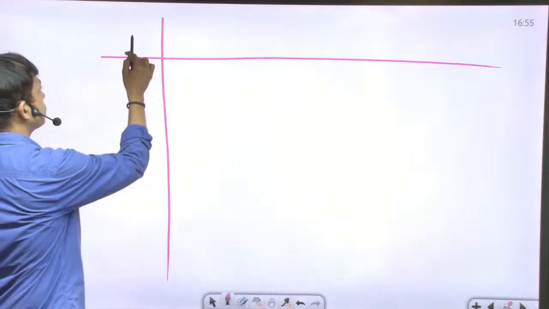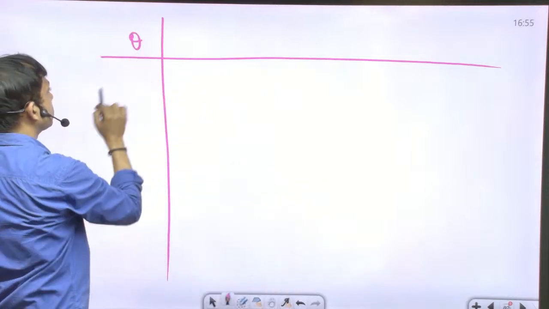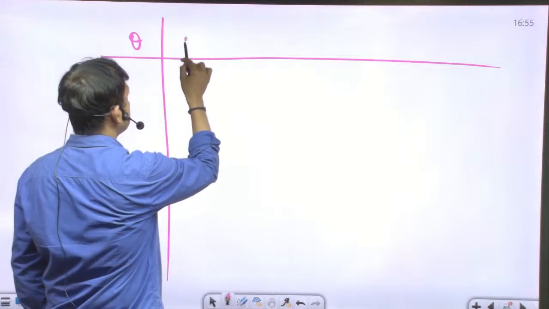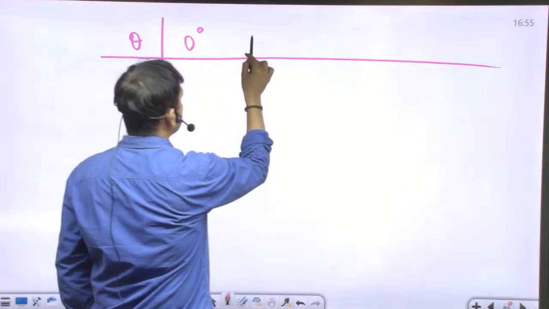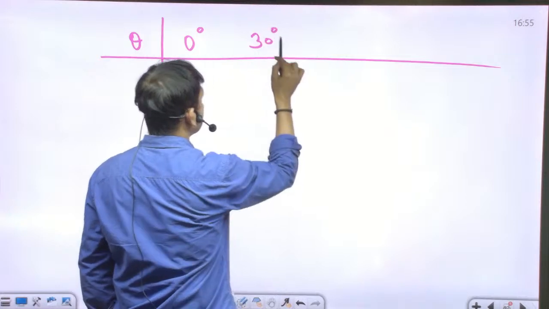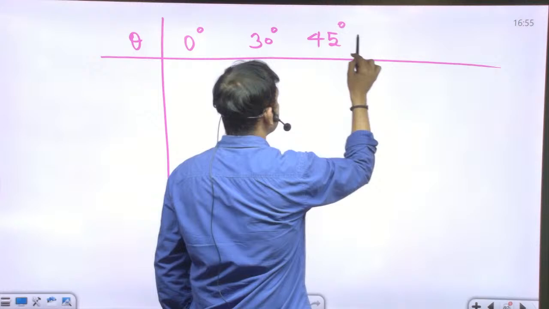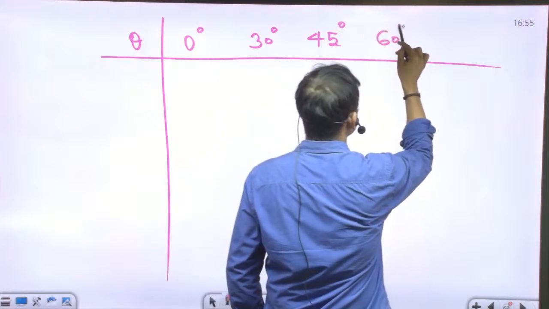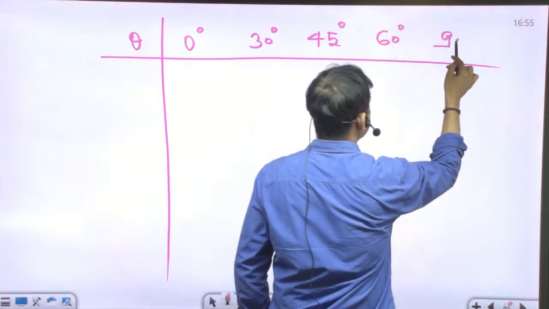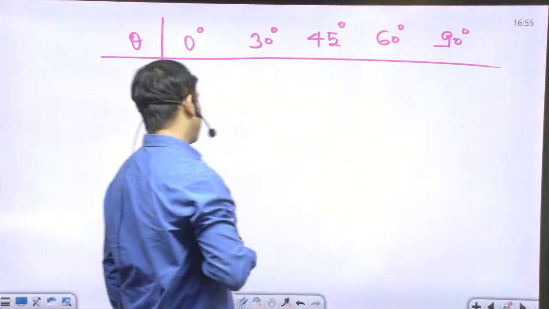Theta means angle, so write theta, and theta means 0 degree, then 30 degree, 45 degree, 60 degree, and 90 degree.